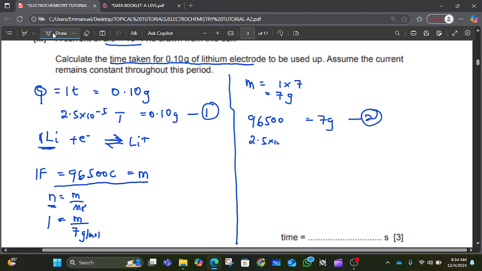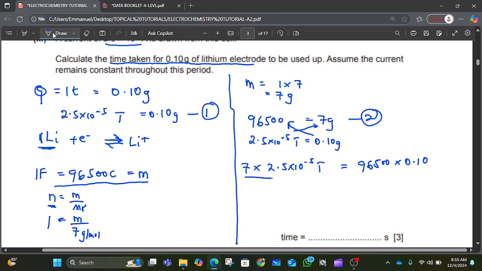2.5 times 10 power minus 5 T is equal to 0.10 grams. So if you cross multiply, we get 7 times 2.5 times 10 power minus 5 T is equal to 96,500 times 0.10.